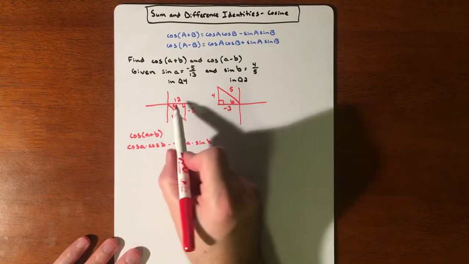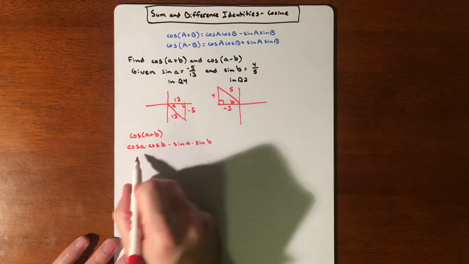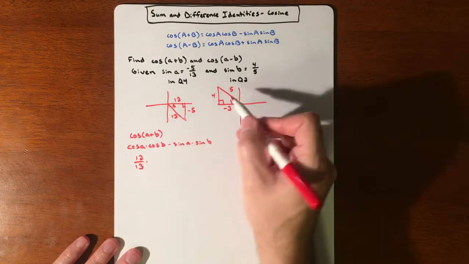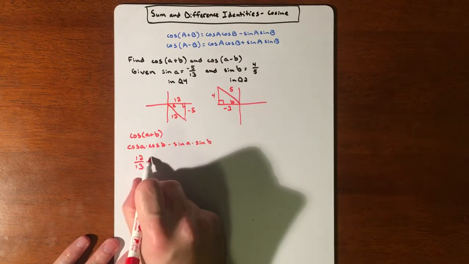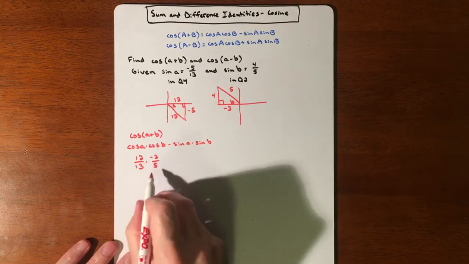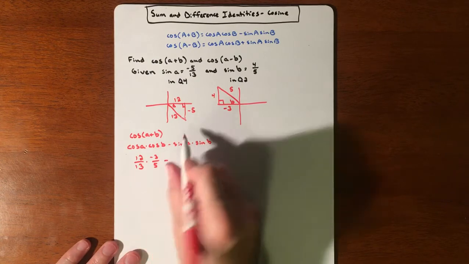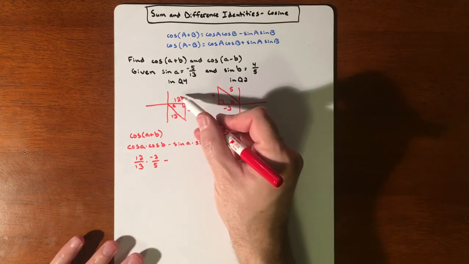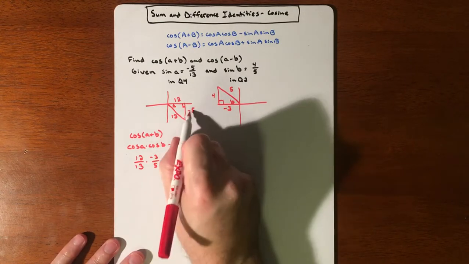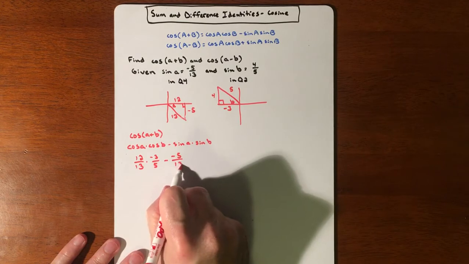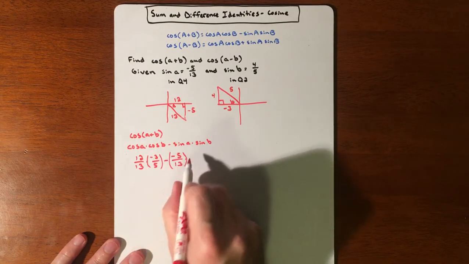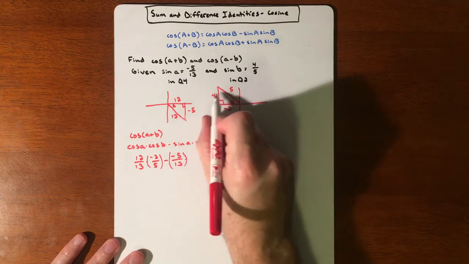So cosine of A is adjacent over hypotenuse, so 12/13 times cosine of B, negative 3/5. And then we're going to have minus sine of A, which is negative 5/13, times sine of B, which is 4/5.